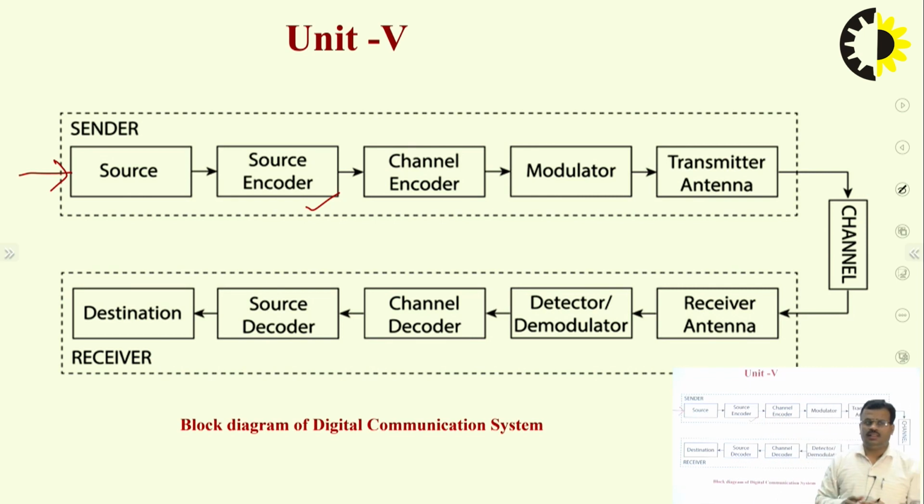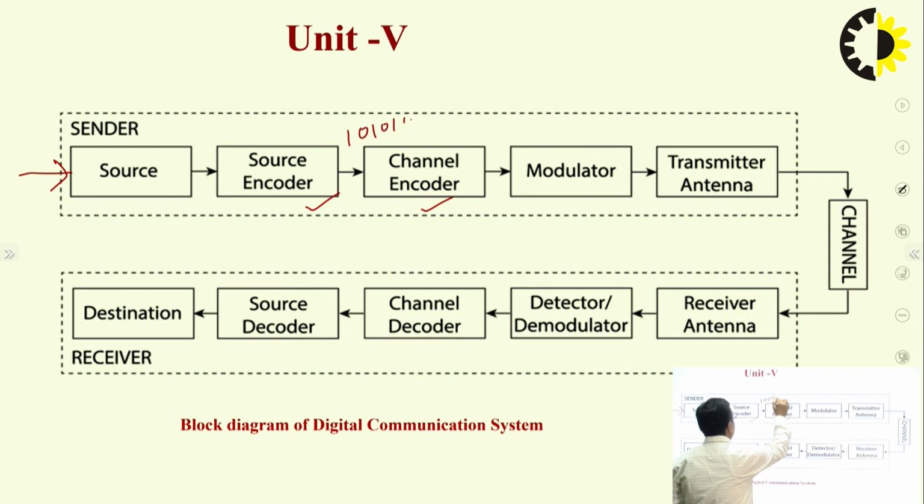Then from this source encoder, the channel encoder comes. From the source encoder your data, in terms of binary data like 1010, goes to the channel encoder.